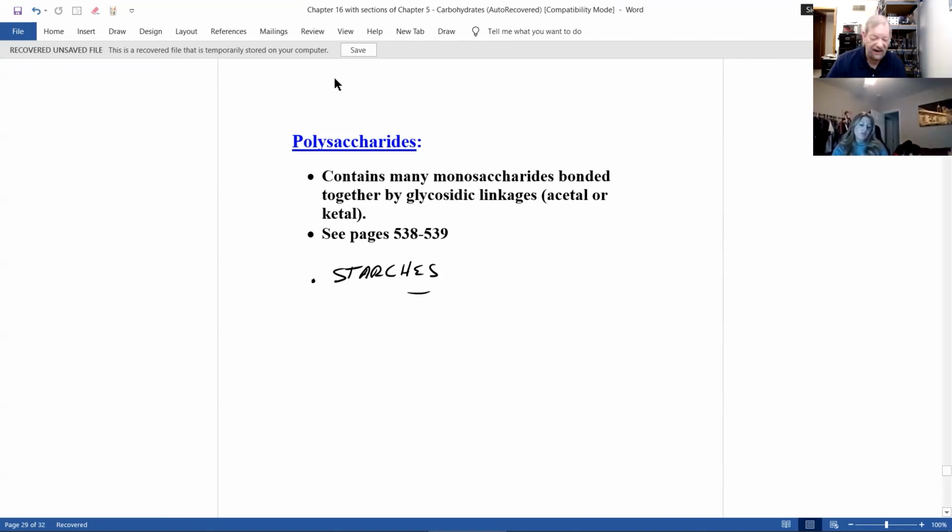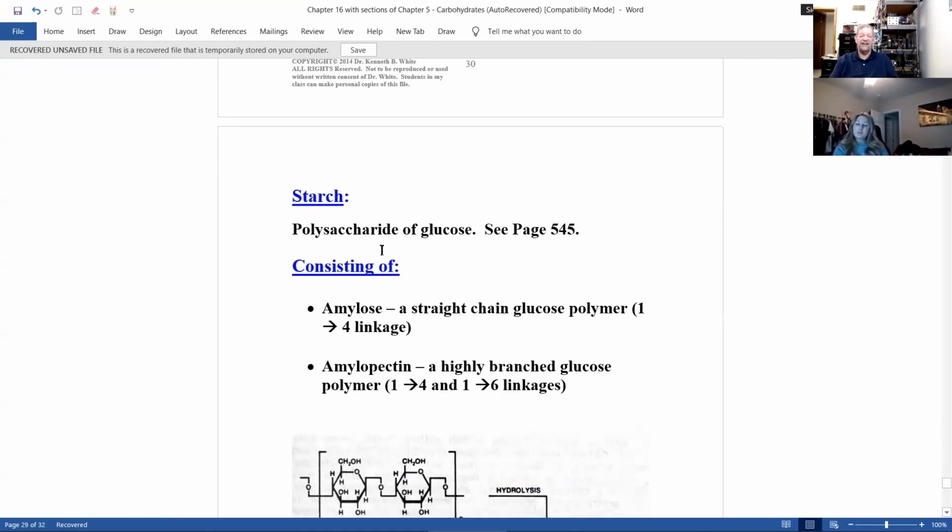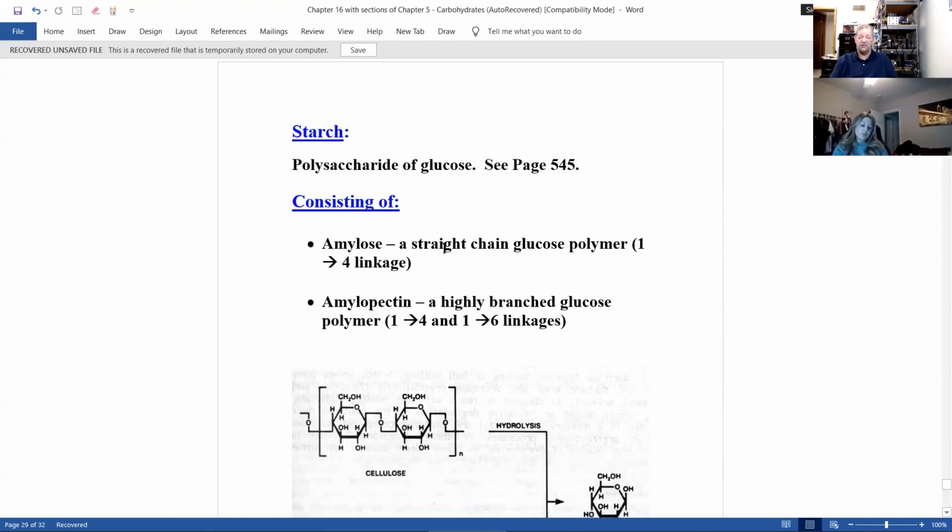So remember how I said a lot of people say, oh, I hate organic chemistry? Well, if you do, you wouldn't have the food around you to keep you alive. And therefore, that always makes me chuckle when I hear that little laugh. Again, starches are polysaccharides or polymers of glucose.